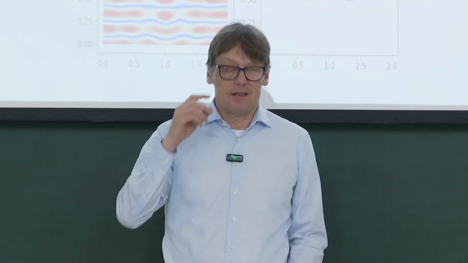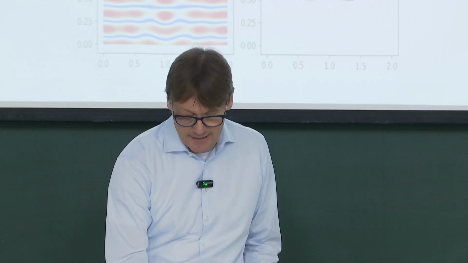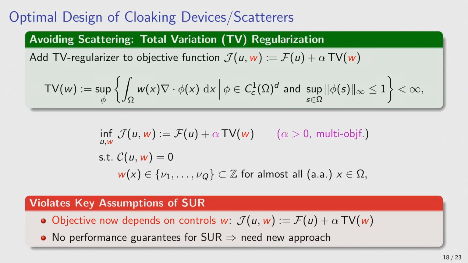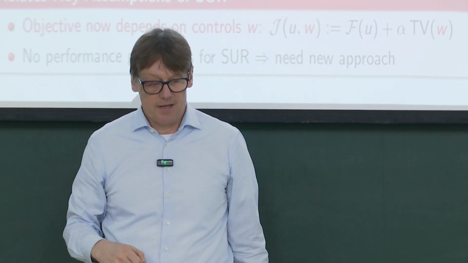One way to get rid of the scattering is to use a regularizer, a total variation or TV regularizer. This is a term that you would add to your original objective function, for some alpha that balances the original objective of cloaking as well as possible versus not having too much scattering.